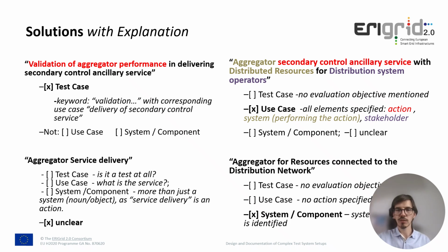In the lower right side, we have a system component because no action is defined. It's not a test action. It's not a function that's being described, but we do have a structure in the form of nouns. So we have the aggregator as a system and the distribution network as a system and their relationship. In the lower left corner, we don't have any of the three types of things. It is unclear whether a system is meant, a use case or a test case is meant, or something else entirely.